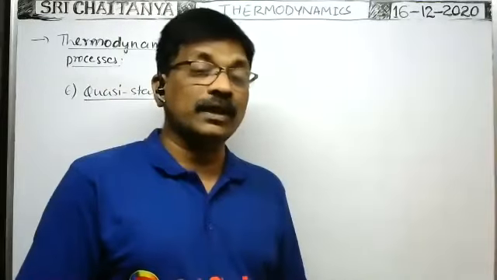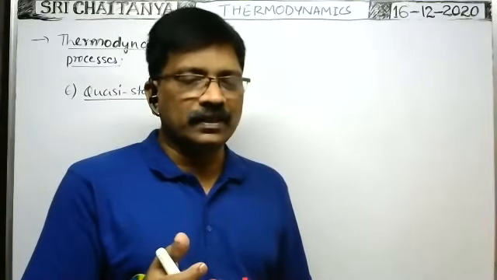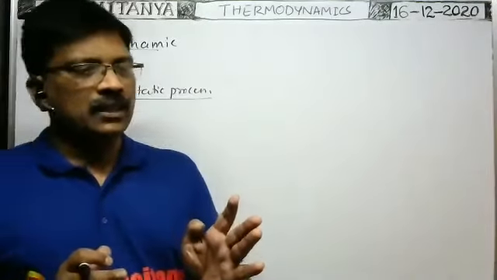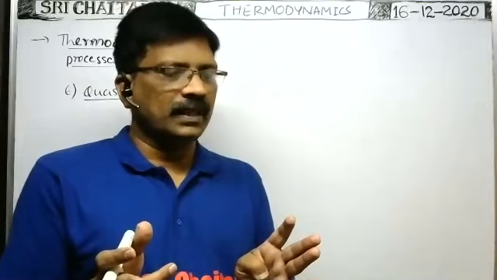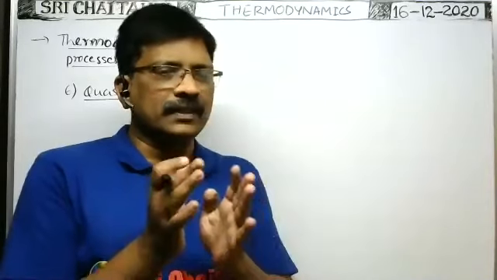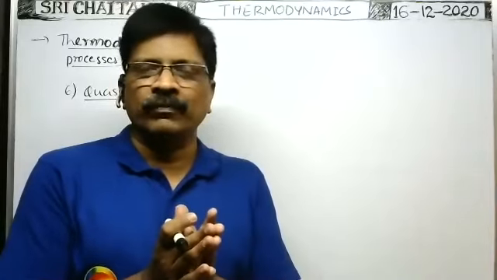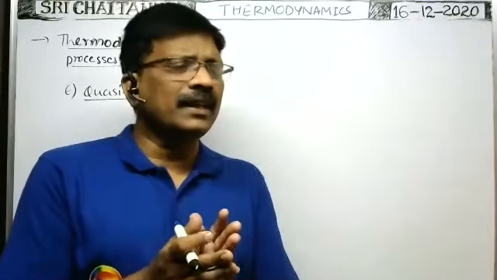What is thermodynamical equilibrium? Thermodynamical equilibrium means the system must be in thermal equilibrium with the surroundings. Thermal equilibrium means whenever the temperature of the system and surroundings are the same, they are said to be in thermal equilibrium. Next, chemical equilibrium.